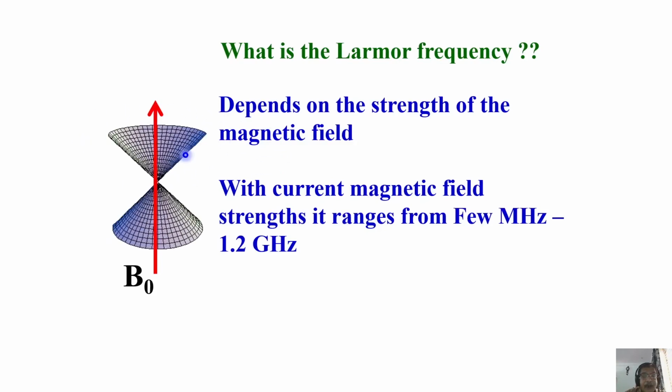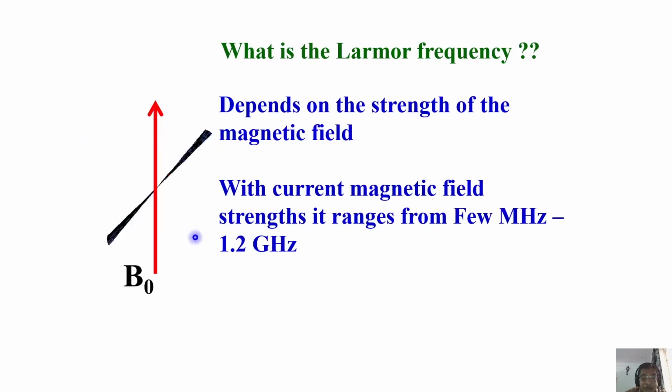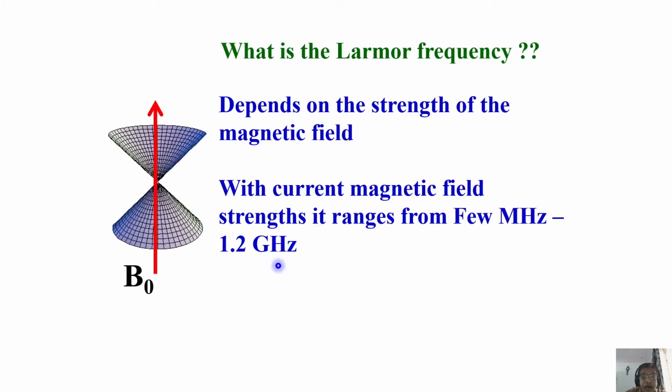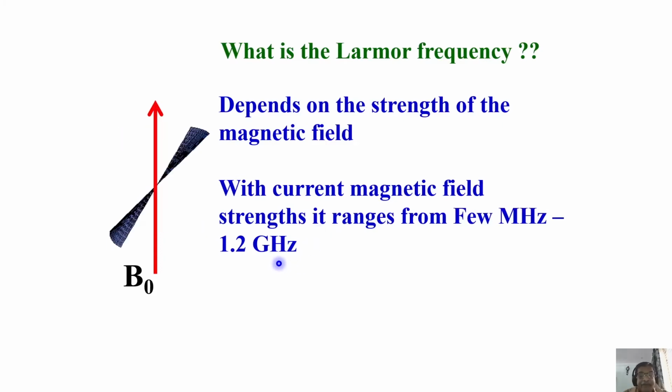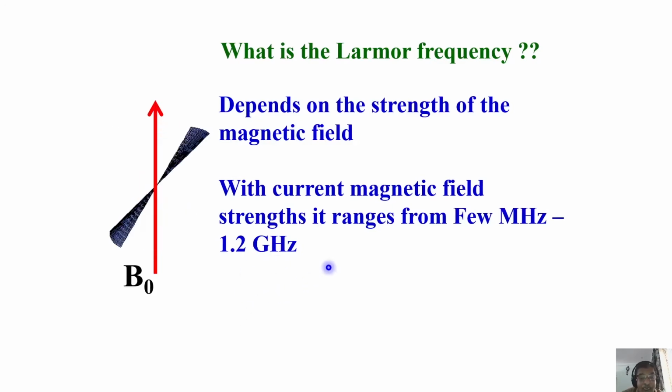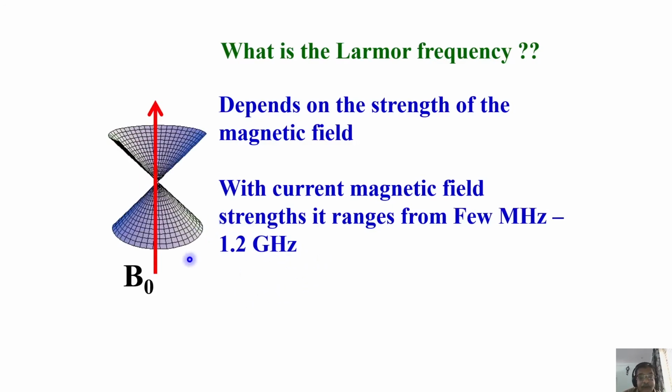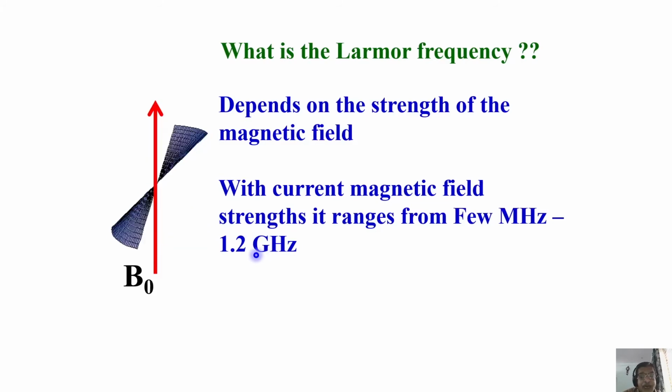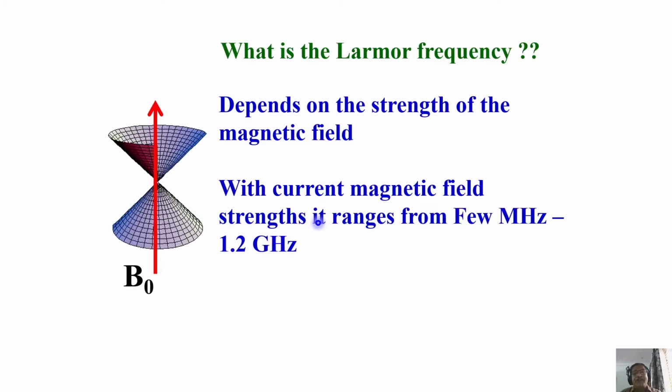Imagine the magnetic moments precessing at such a high speed. Hertz means cycles per second. In 1 second, it has to rotate 1.2 gigahertz, that is 1.2 times 10 to the power of 9. Imagine, that is the precession frequency. The spins will be rotating so fast, and it varies linearly with the magnetic field.